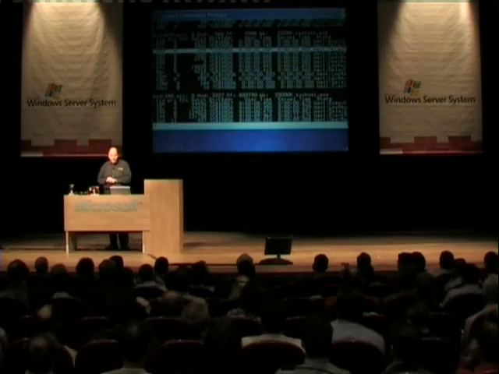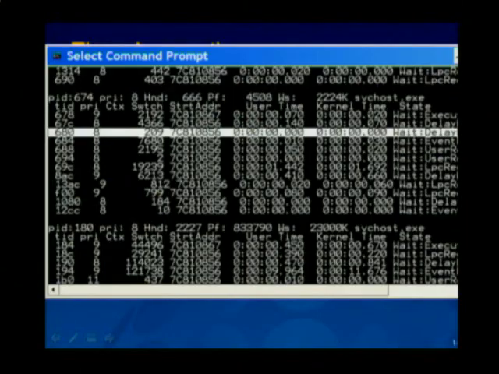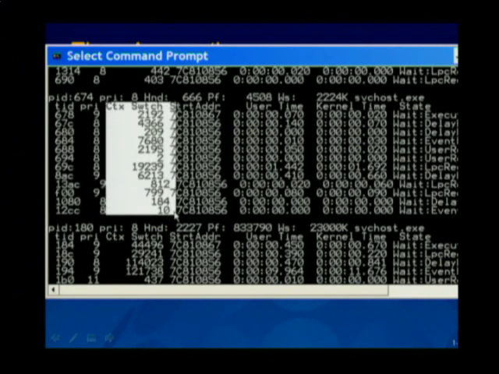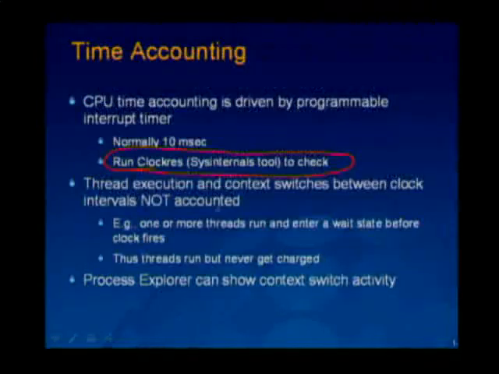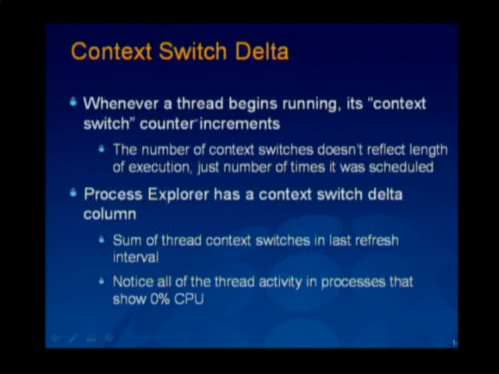However, do you see a column that suggests that, in fact, the thread has run a number of times? Anybody see a column that would suggest that? It's the third column. It's the context switch count. The context switch count, and this is mentioned on the slide, is the number of times that the thread was selected to run. Every time the thread begins to run, the context switch count is incremented.